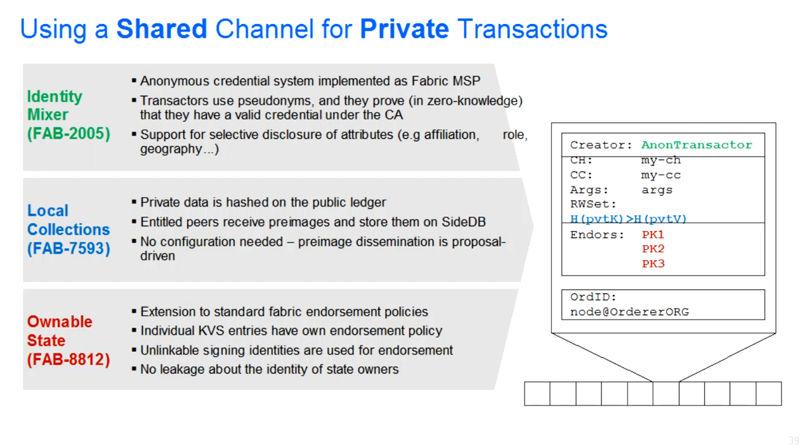Also, chain codes, as it stands today, are cumbersome and expensive. They are expensive assets in terms of how they are defined and maintained, whereas with ownable state, once you have the chain code, it's all a matter of sending some transactions to create a read-write set that has to be verified in some way.